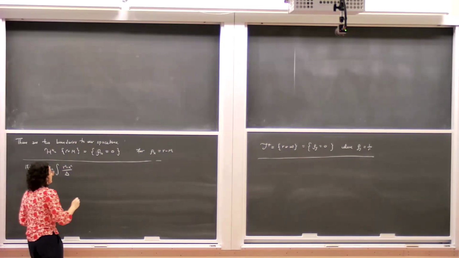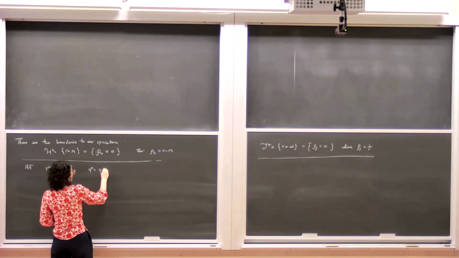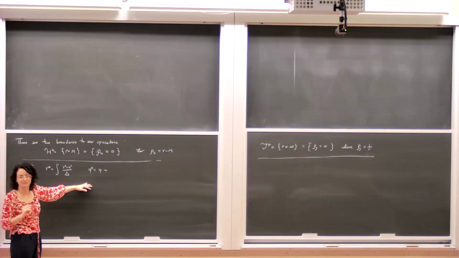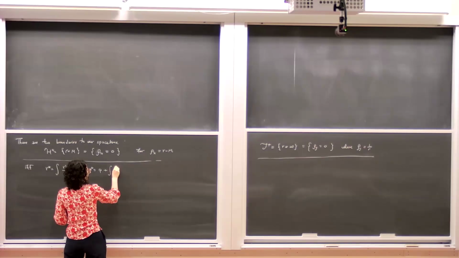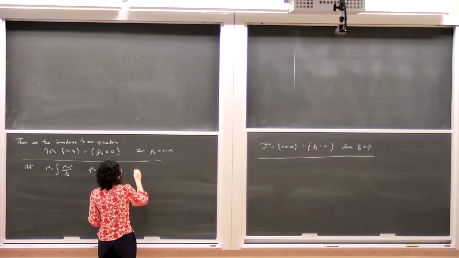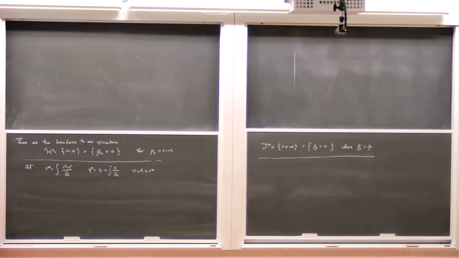Here I'm changing coordinates from the Boyer-Lindquist coordinates. As long as you change phi and you write v as t plus r star, you get the expression of the metric that is now regular at the event horizon.